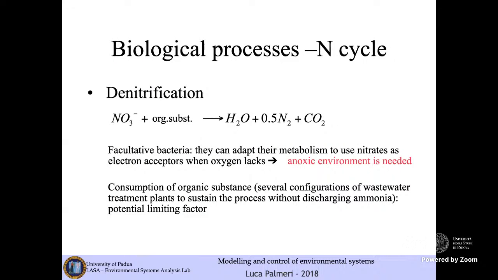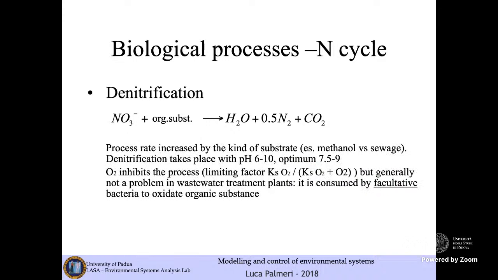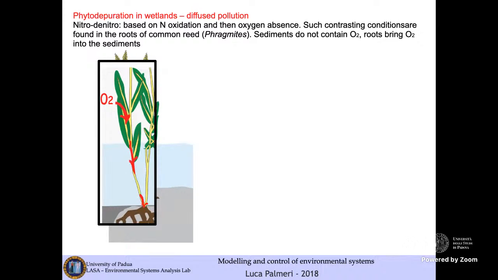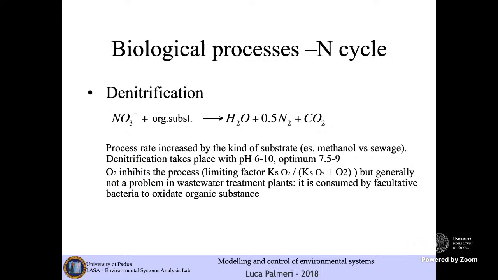The denitrification process is described by this chemical reaction, sorry, let me go back. Denitrification is described by this chemical reaction in which we have NO3, nitrate, that reacts together with organic substance.